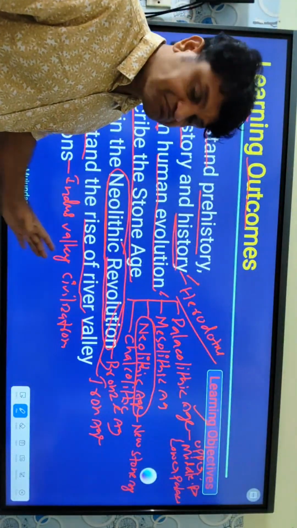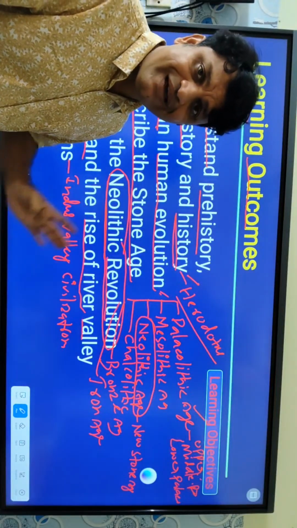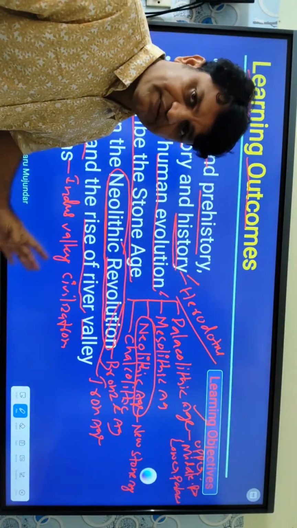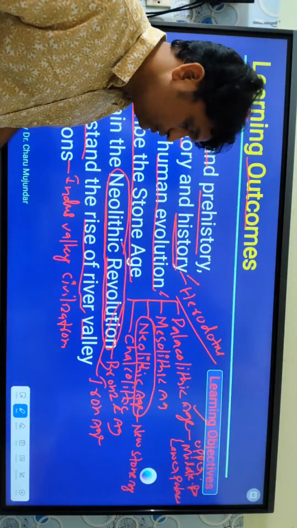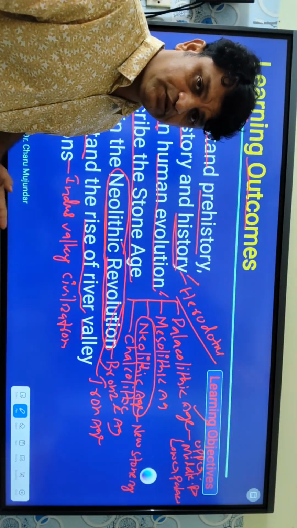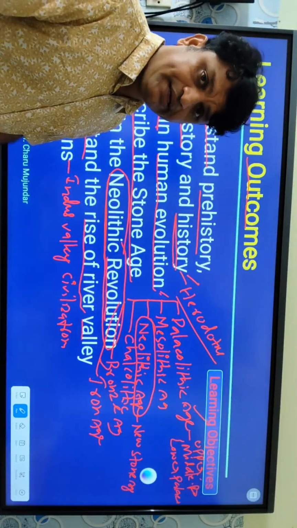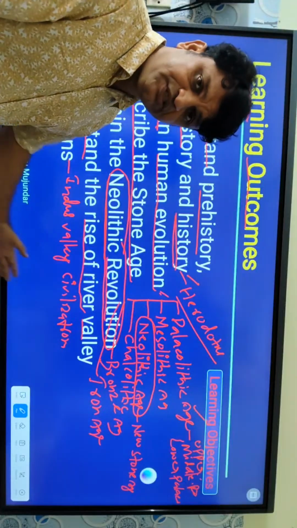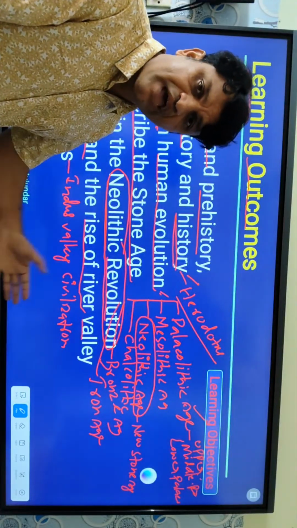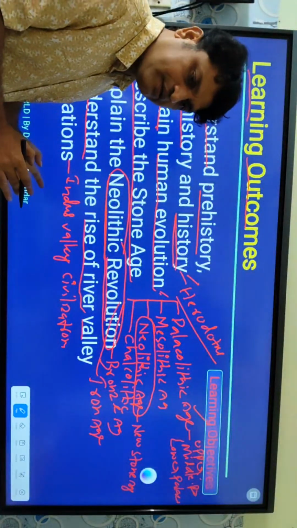India's civilization is on the Indus River, which is why we call it the Indus Valley civilization, or the Sindhu Saraswati civilization according to the new textbook. The Mesopotamian or Sumerian civilization is on the banks of the Euphrates and Tigris rivers. The Egyptian civilization is on the bank of the Nile River. Like that, most civilizations started on the banks of rivers.